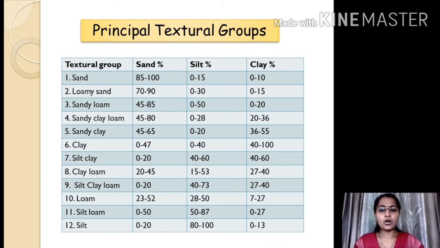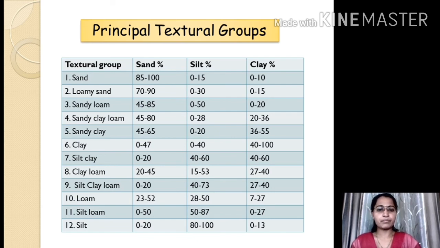If you focus on the sixth textural group, that is clay soil, it contains the maximum amount of clay, that is 40 to 100 percent, and less sand and silt. See one more textural group, that is silt. Silt contains the maximum percentage of silt and very little sand and clay.